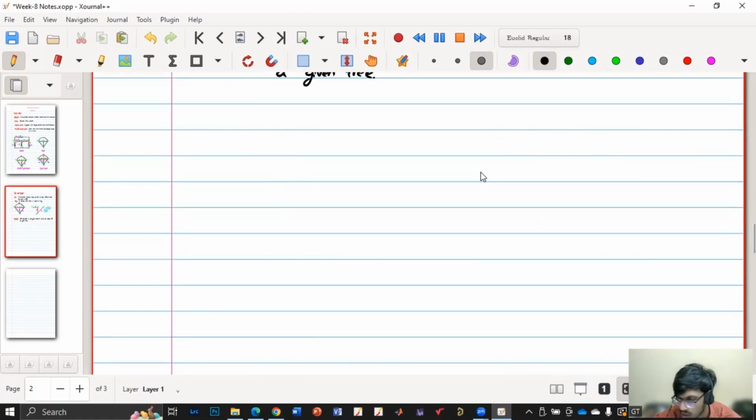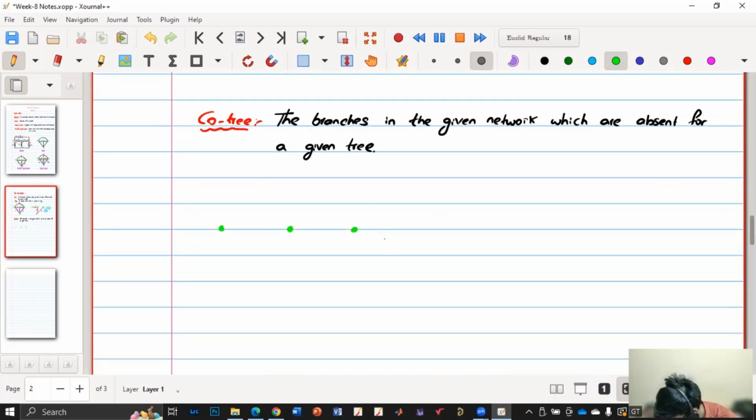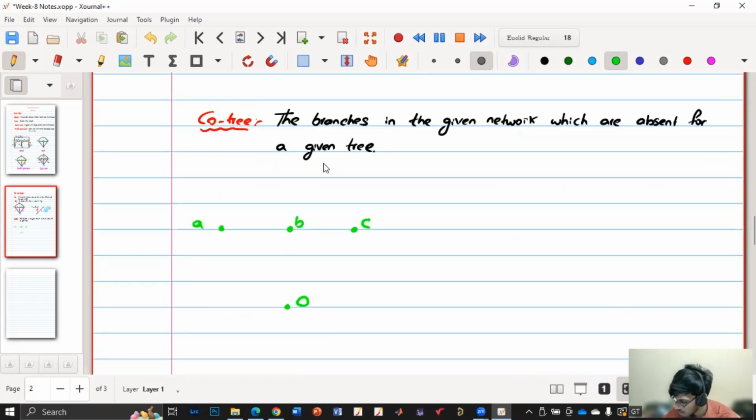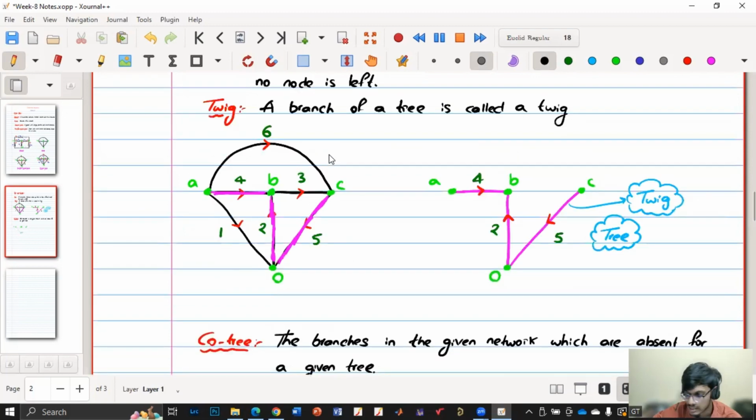So let me draw it again. This is our A, this is our B, this is our C, this is our O. So what branches are not included here? Branch 1 is not included, branch 3 is not included. And a cotree is always shown by a dotted line. BC is not included, and 6 is also not included.